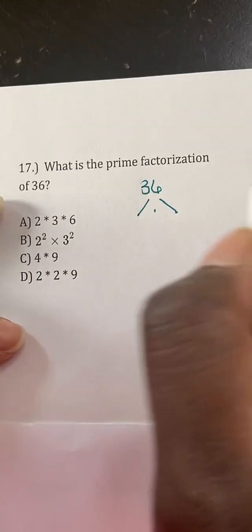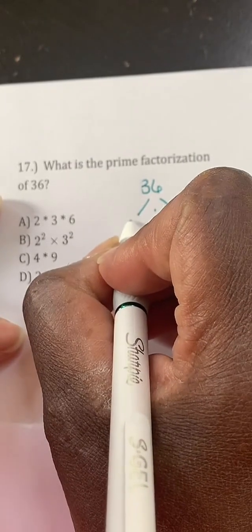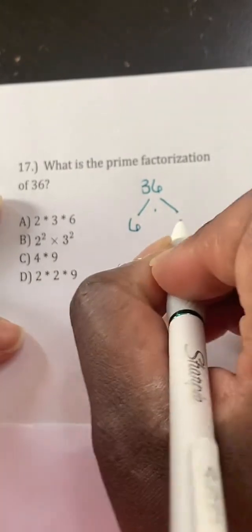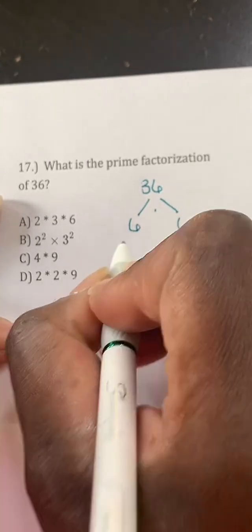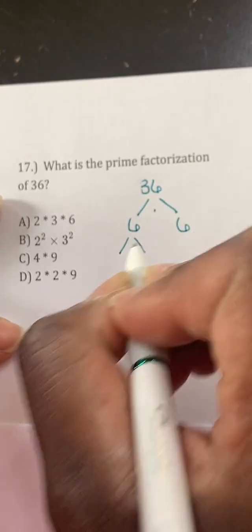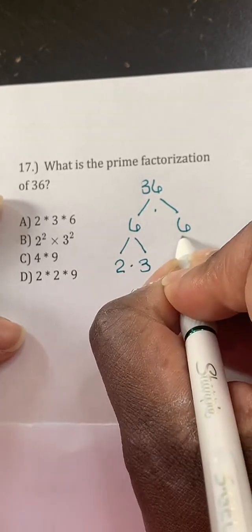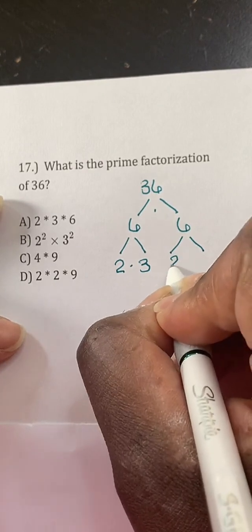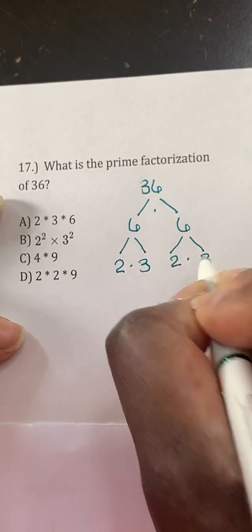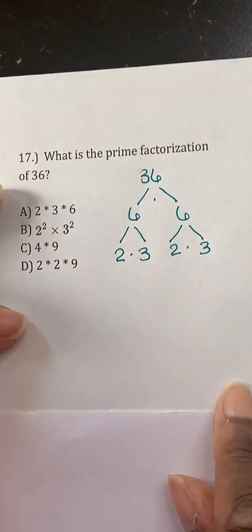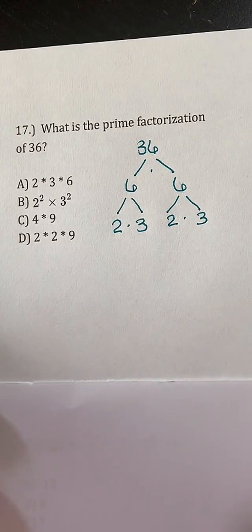If I say 6 times 6, I know I can break down that 6 into 2 times 3, and I'm going to do that twice. The reason I stop here is because 2s and 3s are prime numbers.